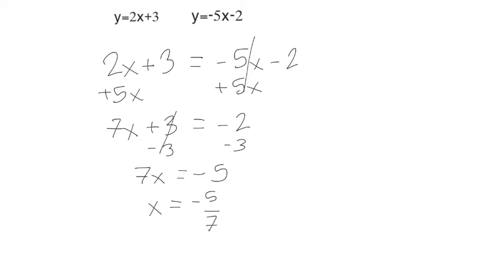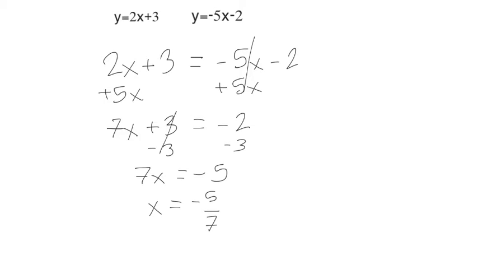In this case, I can take the x value and substitute it either into the first equation or into the second equation. It's my choice, and indeed I should get the same result no matter which way I do it. In this case, I'm going to substitute it into the second equation.